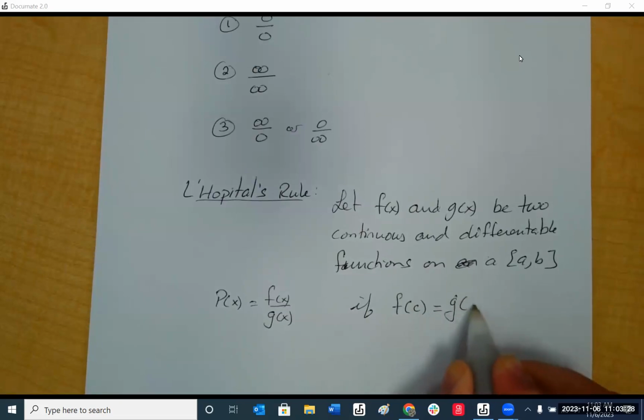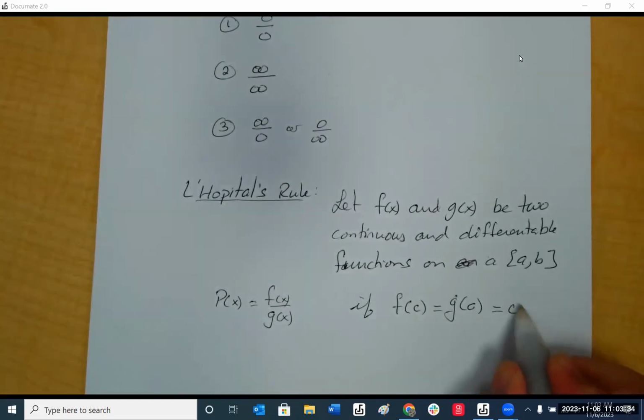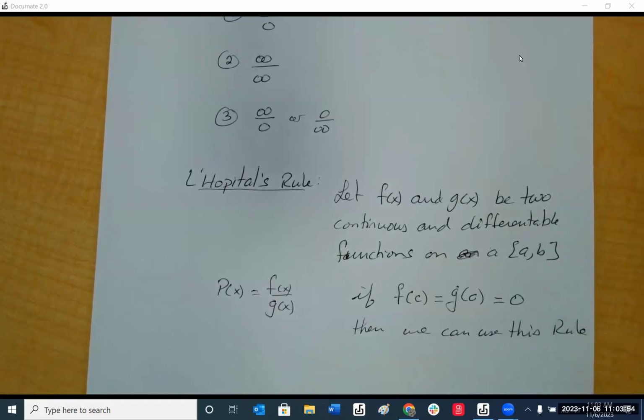If f of c equals g of c equals 0 at some point in the domain, then we can use this rule.